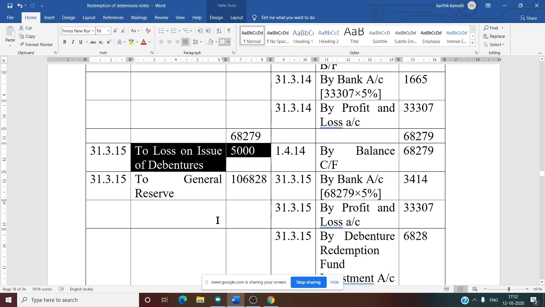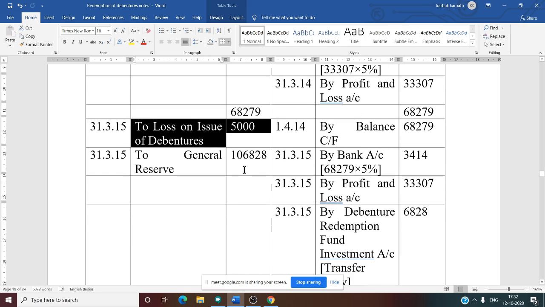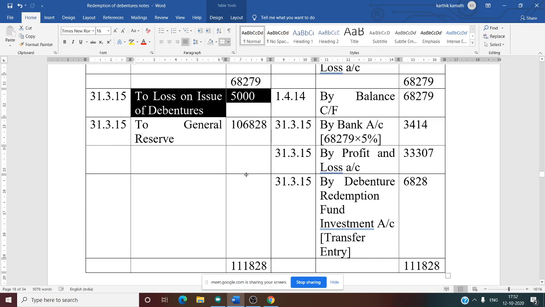Whenever there is a loss, what is the journal entry? That is debenture redemption fund account debit to loss on issue of debenture account. So it is nothing but the premium amount you are writing here. 1 lakh into 5%, that is 5,000. So loss we have debited, profit we have credited. Very clear. Now the remaining balance we need to find out.